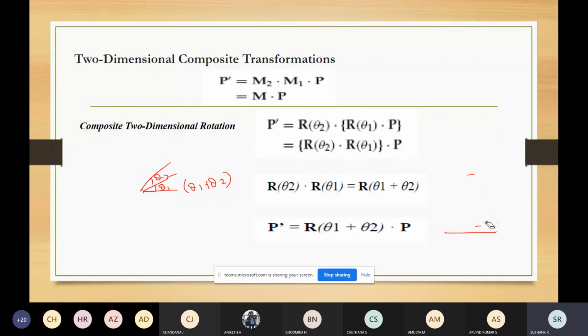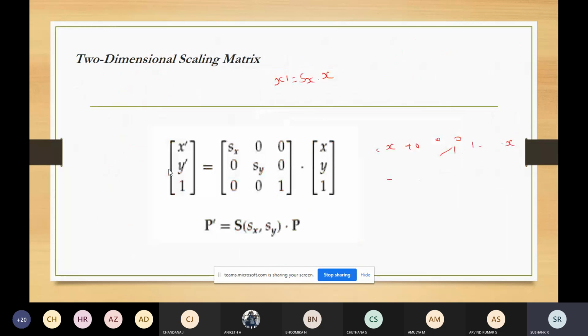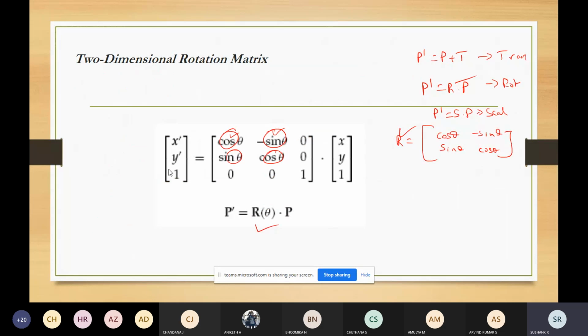If I want to show how to prove this, first you should consider what R theta 2 is. R theta 2 is cos, sin, cos.